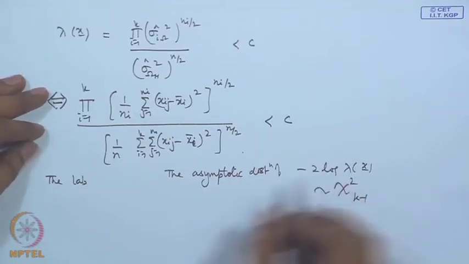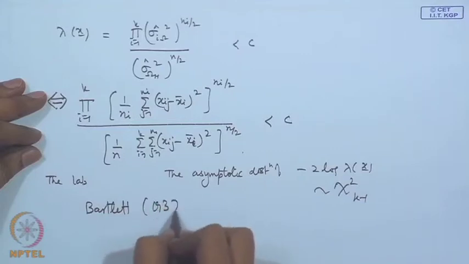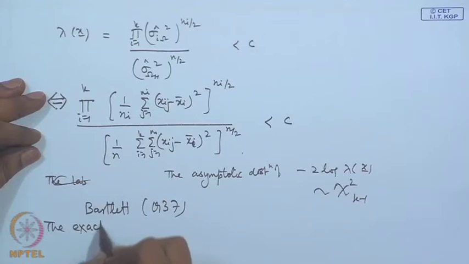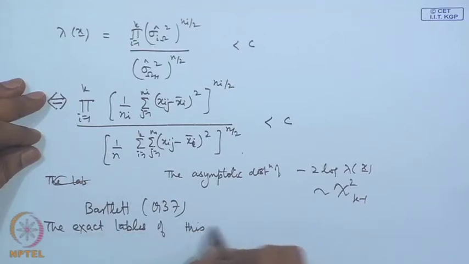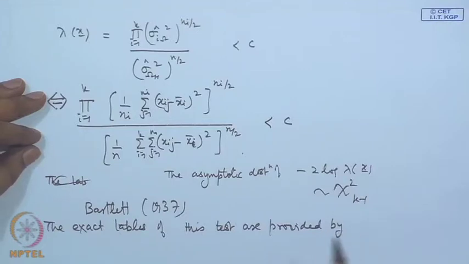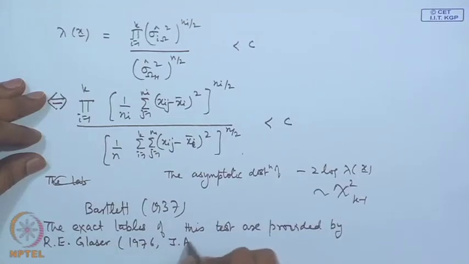So, this was provided by Bartlett in 1937, and the exact tables of this test are provided by R. E. Glaser in 1976 in Journal of American Statistical Association.